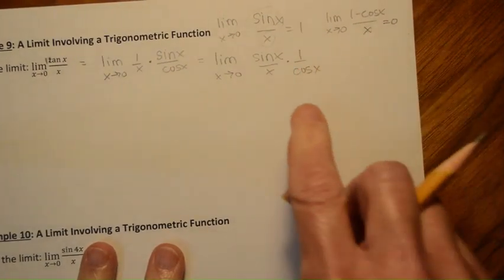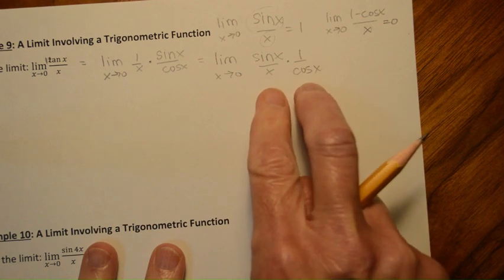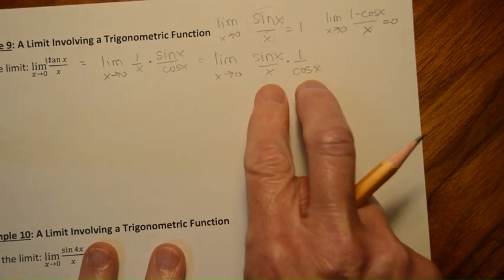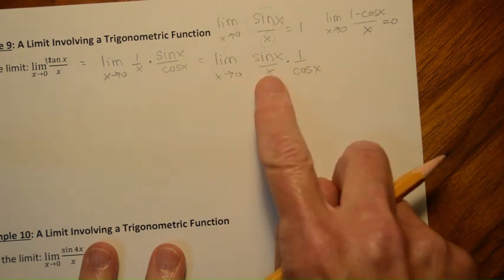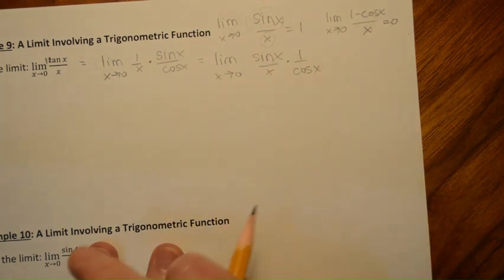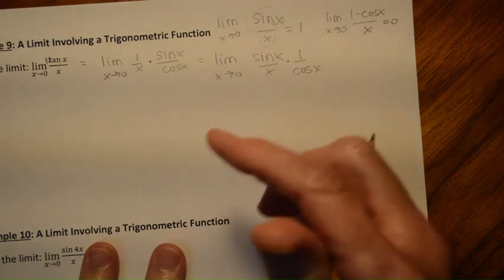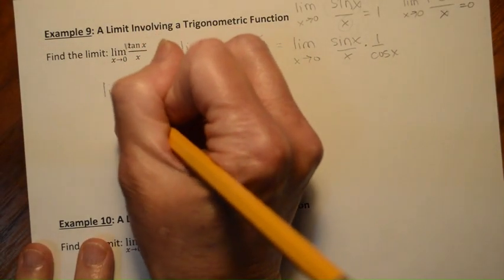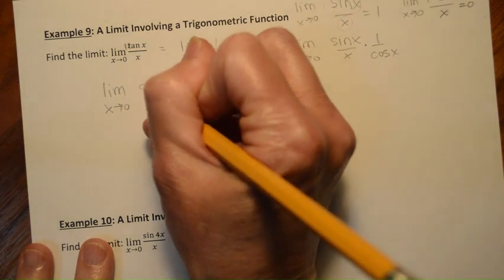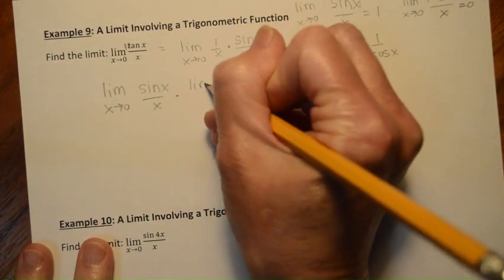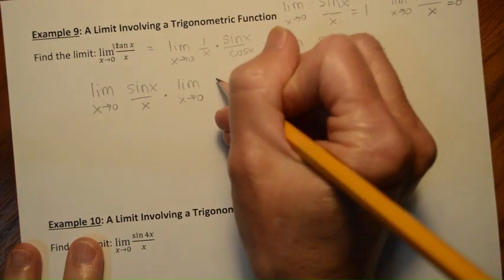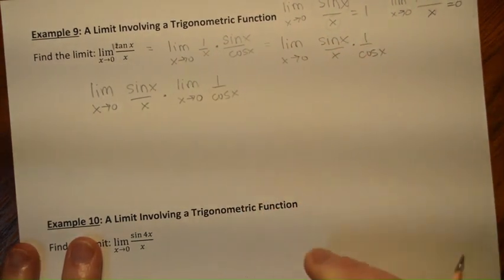Now I'm going to remind you that one of the very first things we talked about in this section was that if I have a product of two things, and I'm taking the limit, I can take the limit of the first times the limit of the second. So this is the limit as x approaches 0 of sine x over x times the limit as x approaches 0 of 1 over cosine of x.